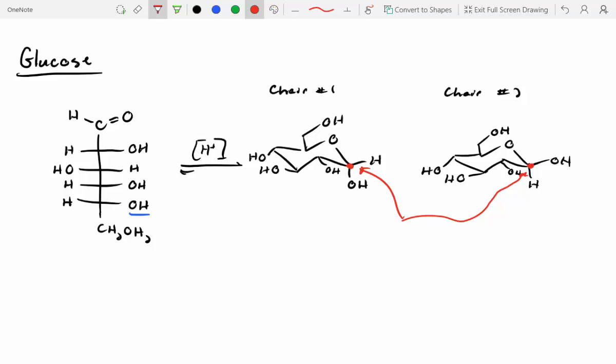So you can get either the alpha or beta position. Which one of these is going to be our alpha glucose? The one on the left or the one on the right? Left. So if we look at this, the alcohol coming off that anomeric carbon is axial.